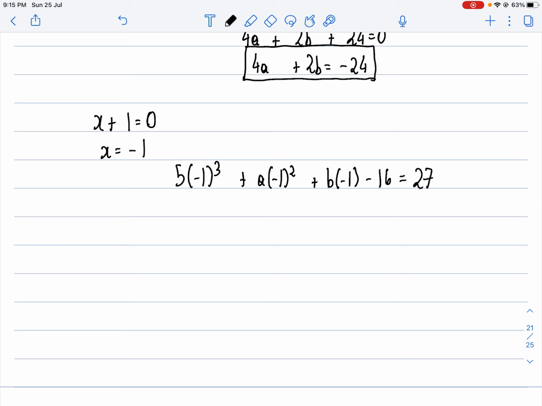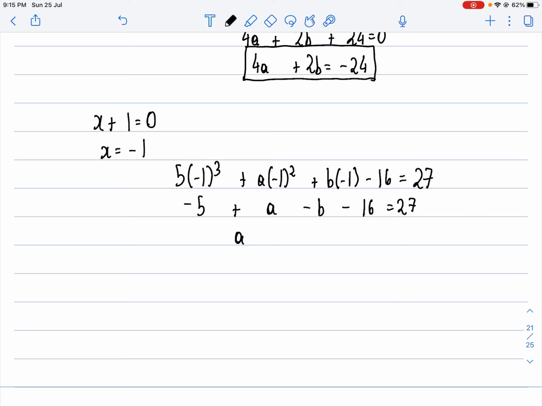So I simply write 27 here. Now 5 into minus 1, the whole cube is minus 5, correct, plus a minus b minus 16, which is equal to 27. Correct? So now I can simply write this as minus 5 minus 16. Correct? Which is minus 21.